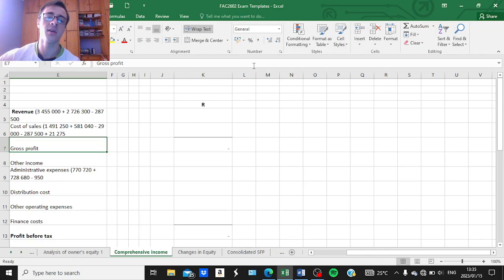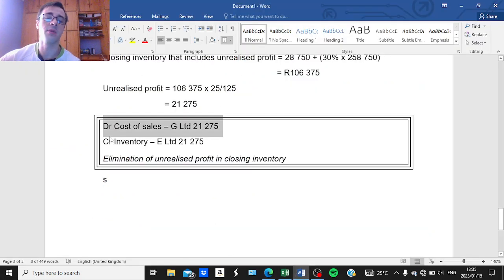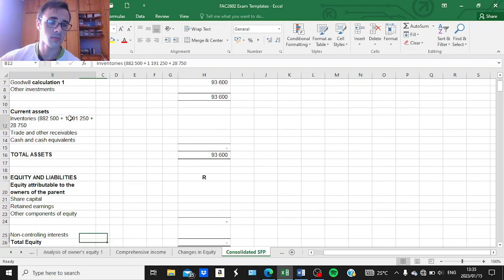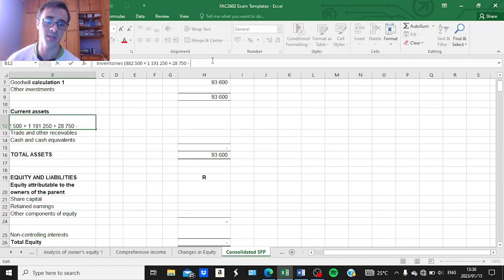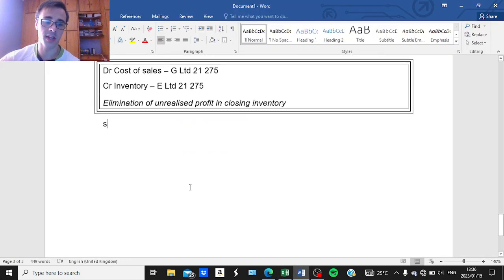We are debiting cost of sales, so this will be shown as a positive adjustment. And then we need to credit inventory for Econ Cows Limited in the consolidated statement of financial position, minus 21,275. Alright, so that is the elimination of unrealized profit in closing inventory.